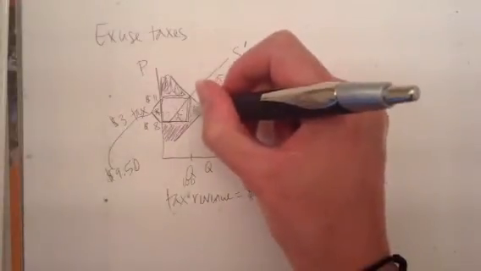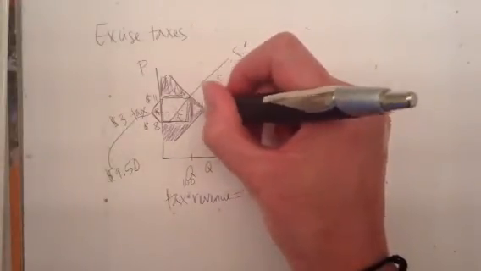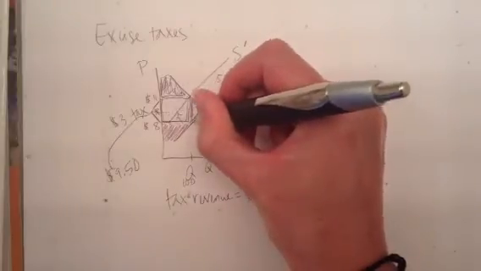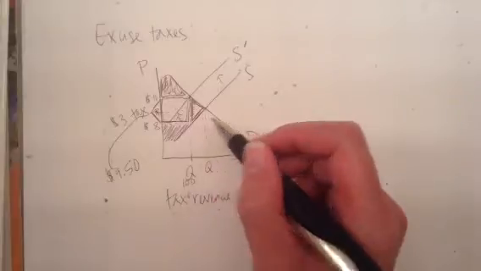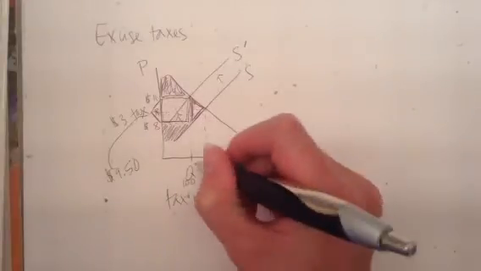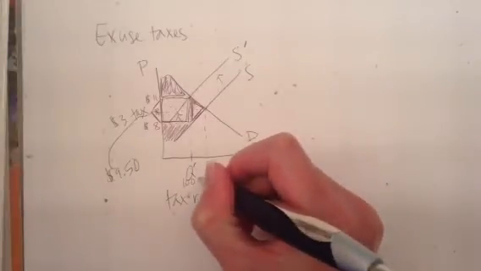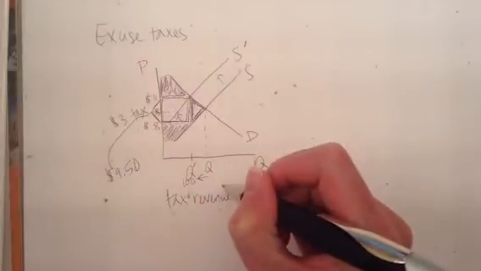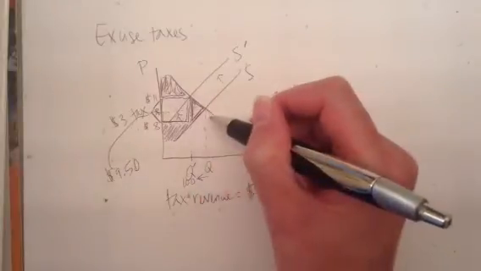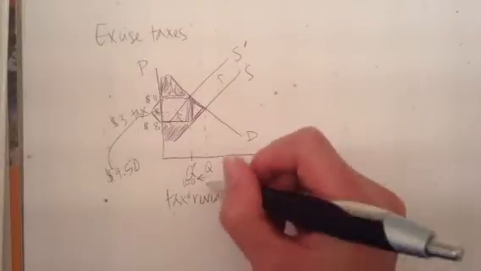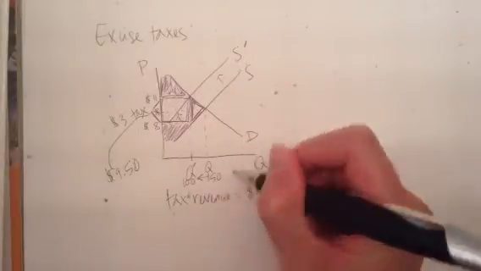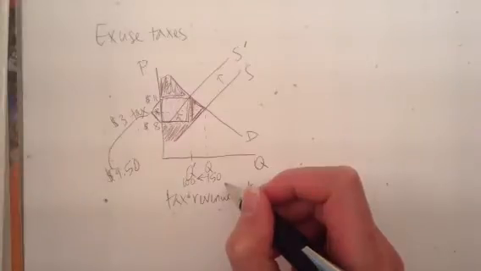And then this triangle right here represents the deadweight loss, because this is the value of transactions that are no longer taking place. This is the new quantity. It's less than the original quantity, and so if you needed to, you could find the area of that triangle if you had the appropriate numbers. So let's say this quantity was 150.